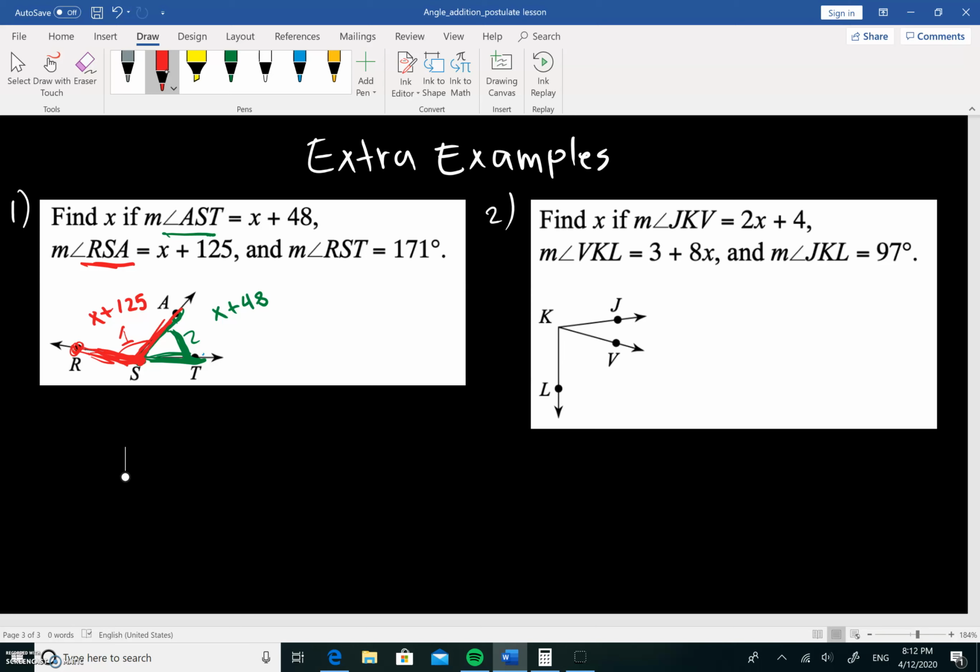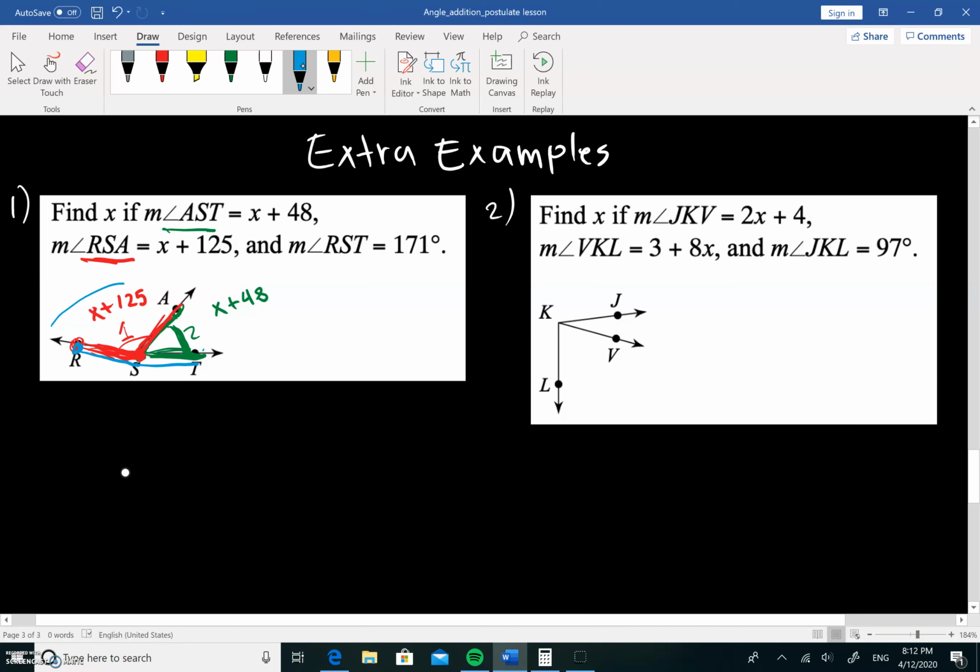So RST, this is R, it goes to S, and then it goes to T. So that's going to be my largest angle, right? So that's going to be that one. Now I'm going to go ahead and put it in a separate diagram just so that I can show you what I mean. We have something similar to this.